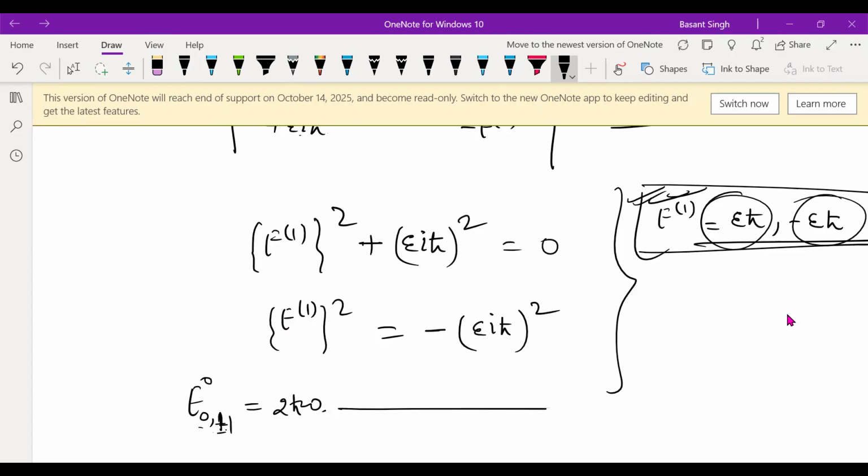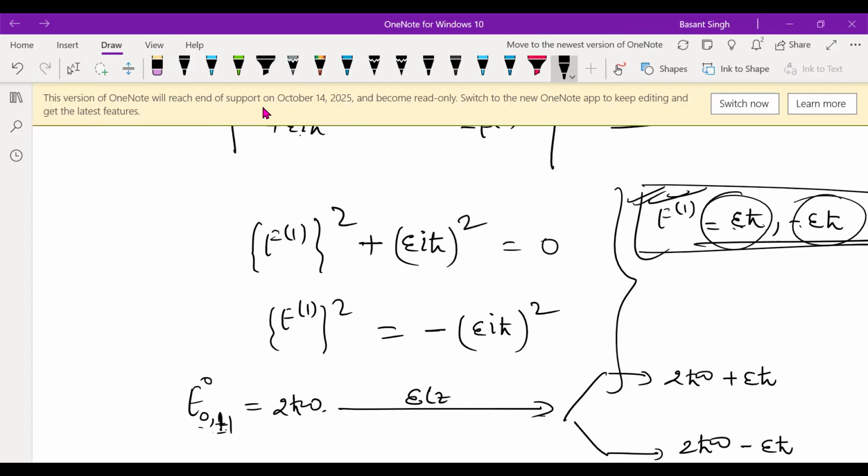But after applying the magnetic field, that is the perturbation, epsilon Lz, we got two eigenstates, and two states, one having the energy 2 h-bar omega minus epsilon h-bar, and another having energy 2 h-bar omega plus epsilon h-bar.